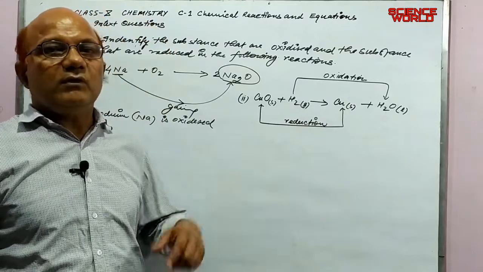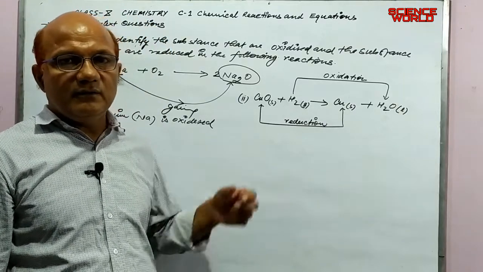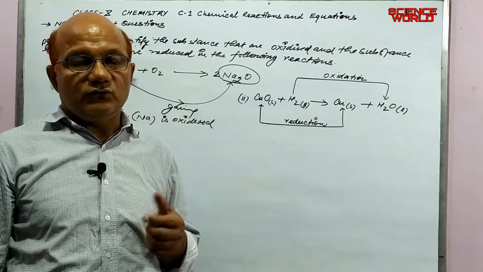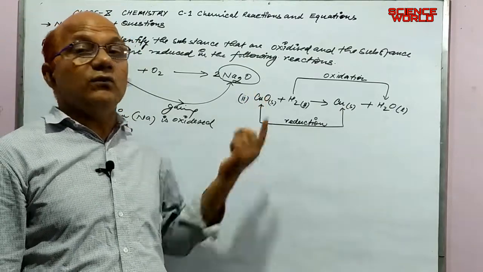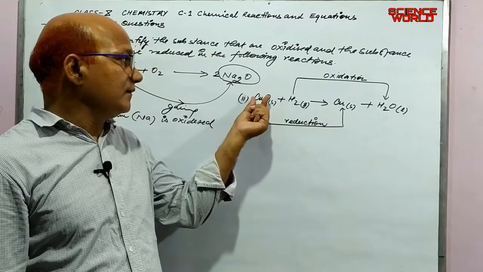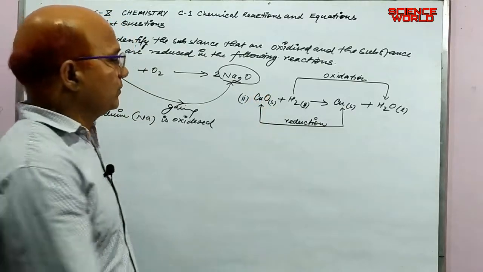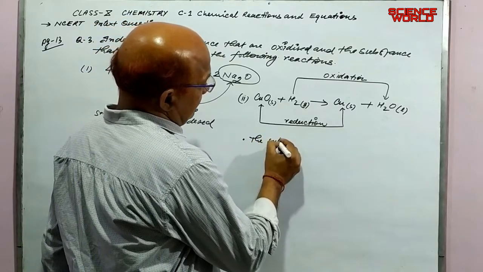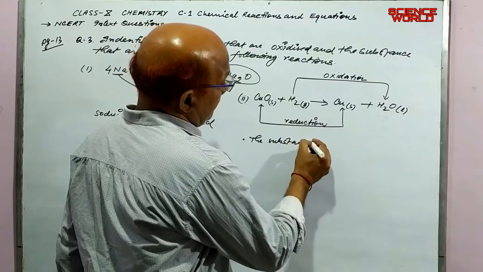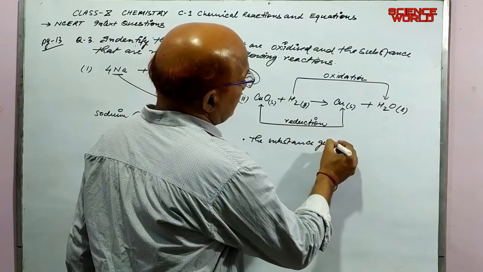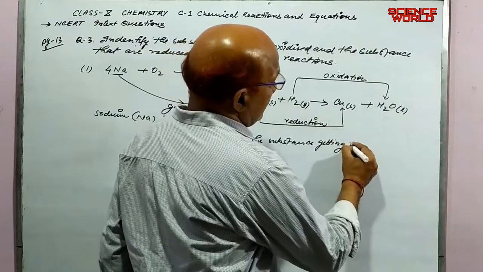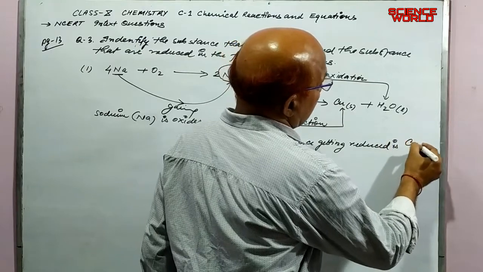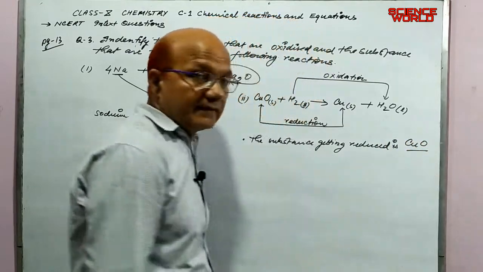Now, you can answer from which substance oxygen is removed. You will get the answer CuO. It means this substance is getting reduced. So, the answer is, the substance getting reduced is CuO.